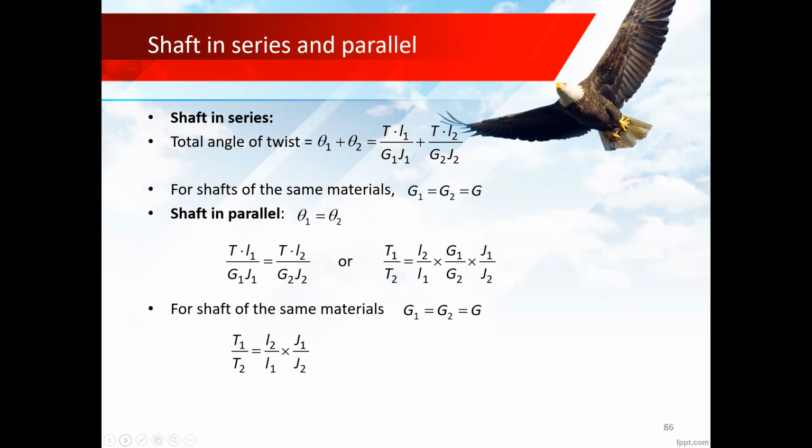That is, T1 L1 over G1 J1 is equal to T2 L2 over G2 J2, or T1 over T2 is equal to L2 over L1 times G1 over G2 times J1 over J2. For the same material, G1 equals G2 equals G, so T1 over T2 is equal to L2 over L1 times J1 over J2. Okay, let's pause for a moment.